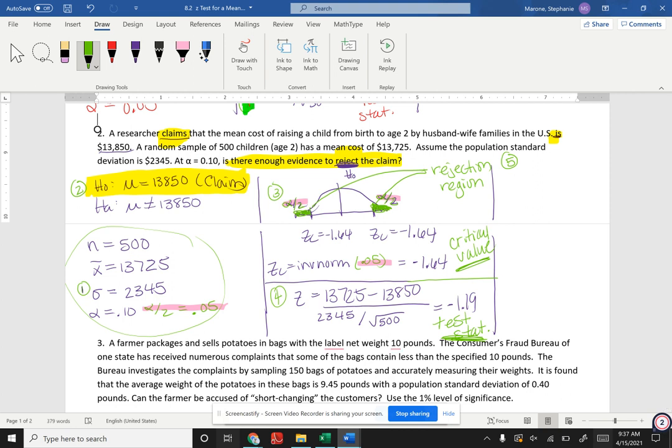We see where that test stat falls. So that test stat is negative 1.19. Negative 1.19 is on the negative side, and it's not quite negative 1.64.